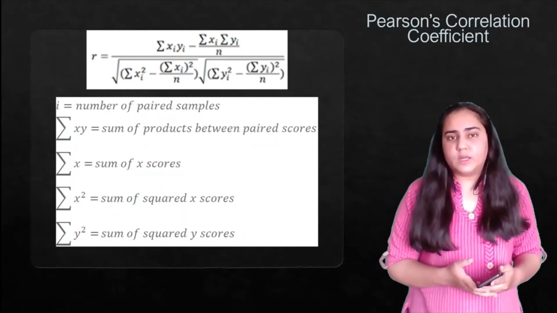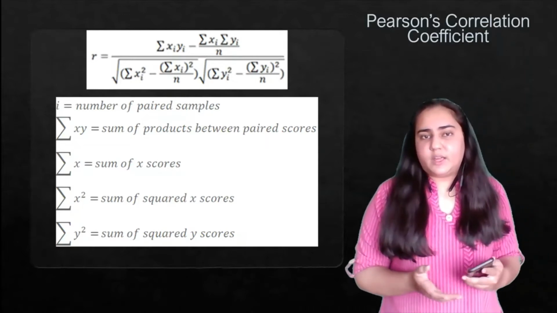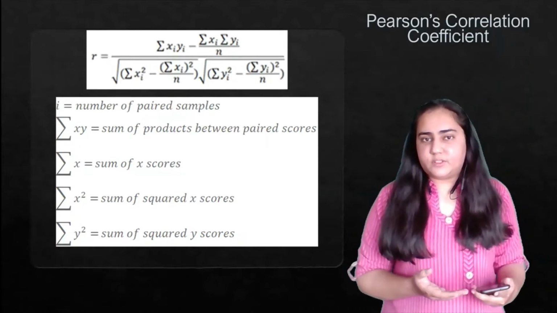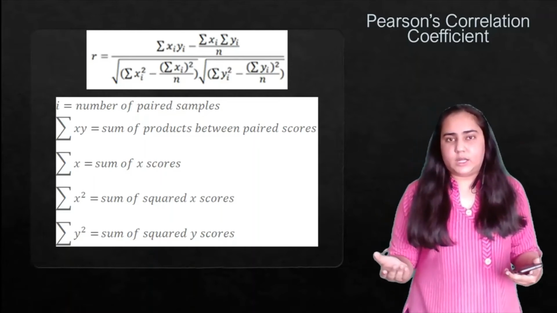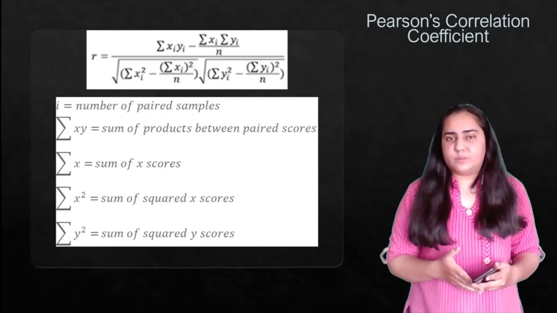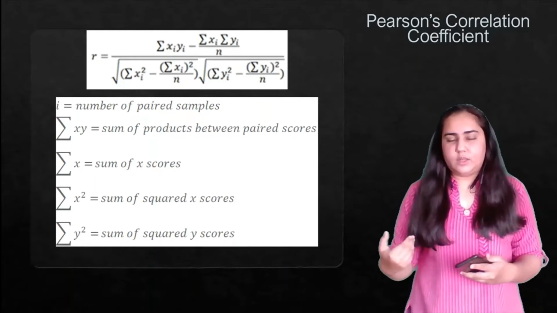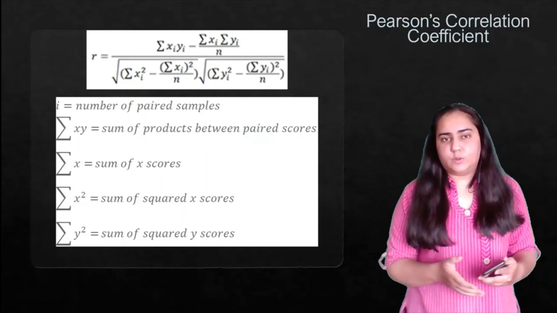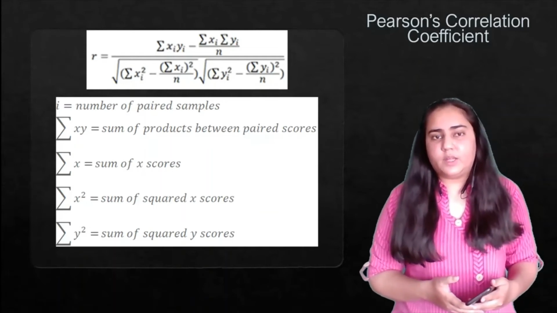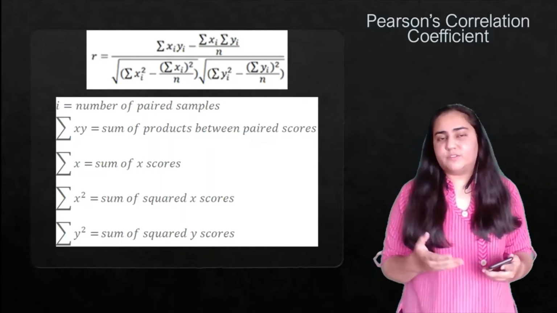because there are 10 values. And sigma xy is the sum of products between the paired scores, which means age and income. So we will be just multiplying each age with income and take the sum of that. So that would be sigma xy. Then we have sigma x, which is the sum of x scores.